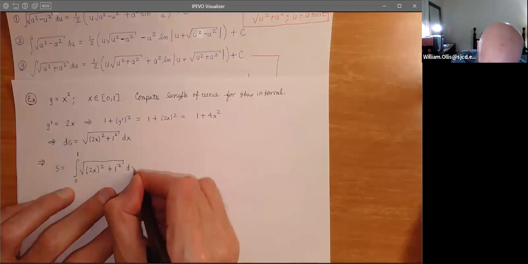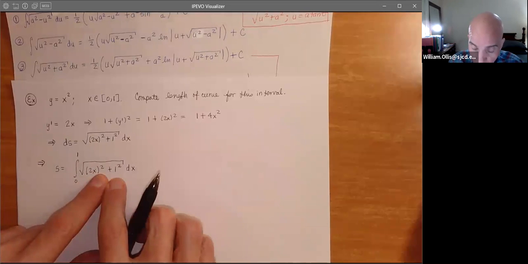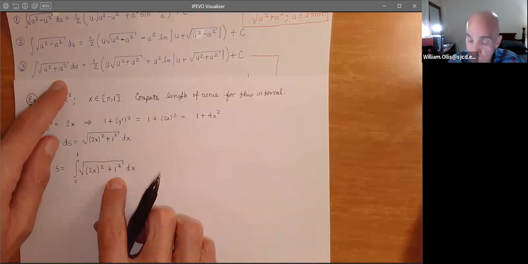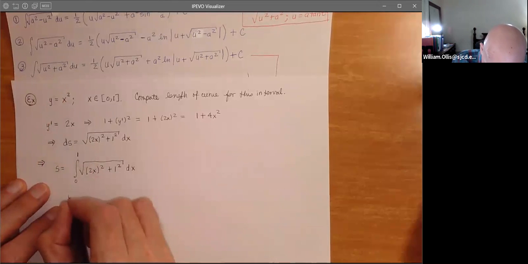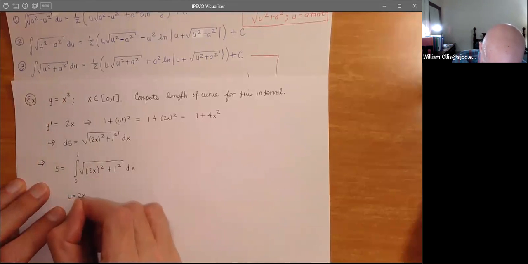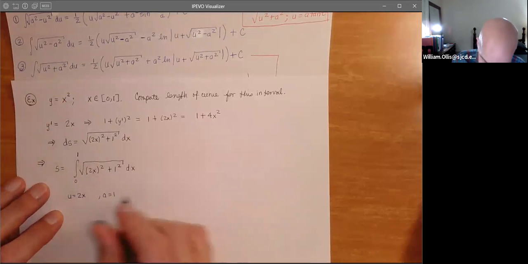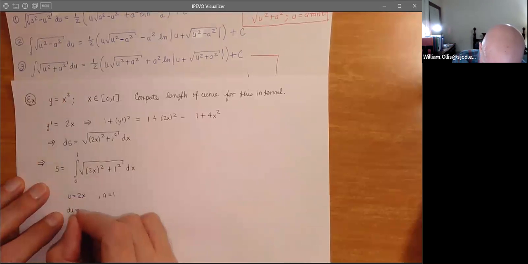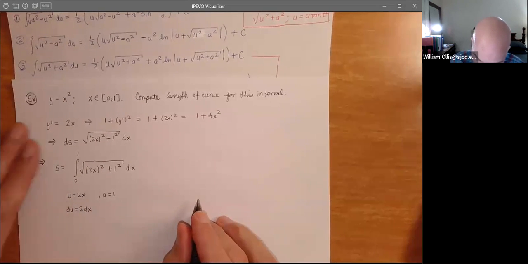This is a lot easier. So now we look at this and we say, okay, this arc length requires this special integral formula. And we've got u equals 2x, a equals 1. How nice, 1. So du equals 2 dx. So we just need to make an adjustment.